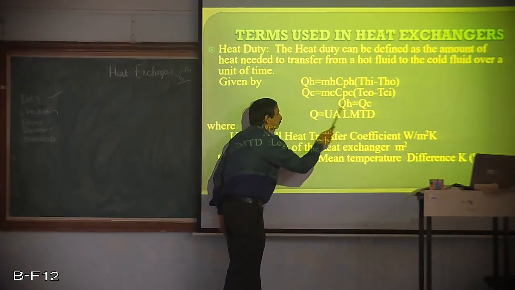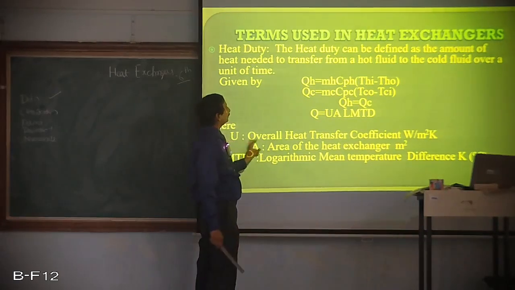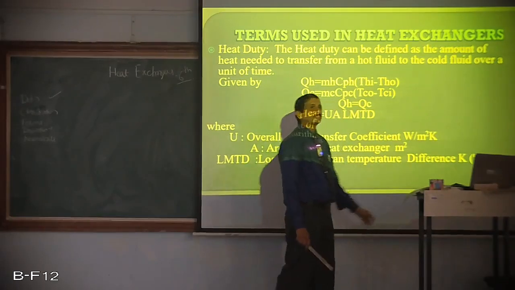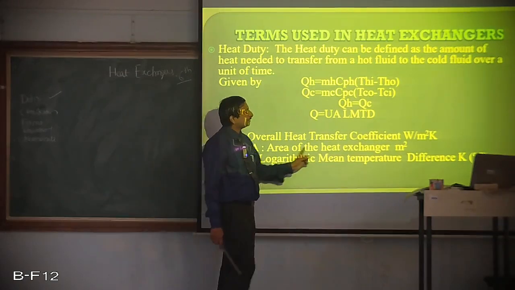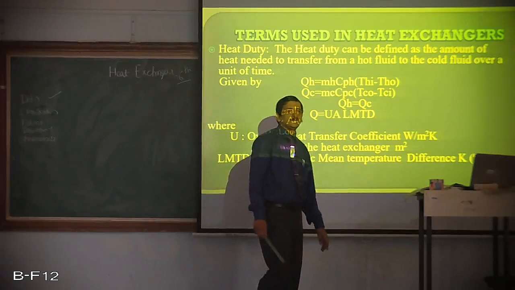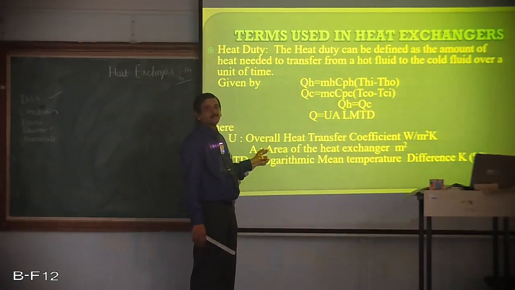Now the question comes, what are these terms? As you say, it is U A LMTD. What is U? U is the overall heat transfer coefficient, which is given in watt per meter square Kelvin, and area A is the surface area of the heat exchanger in meter square. Generally it is given as pi D L. D can be either the inner diameter or the outer diameter.